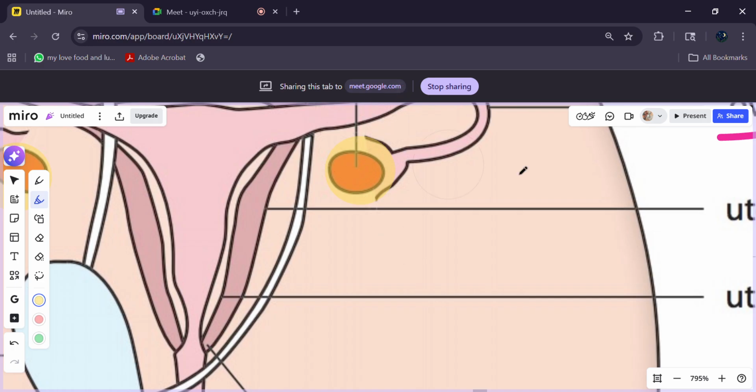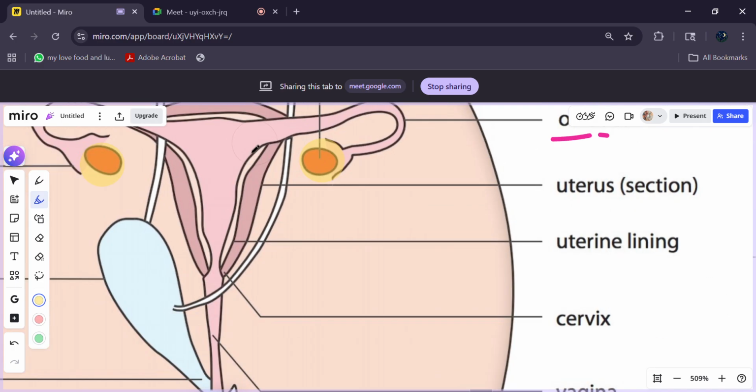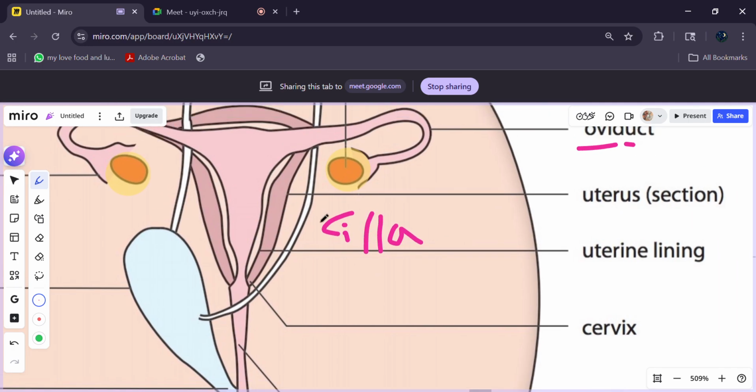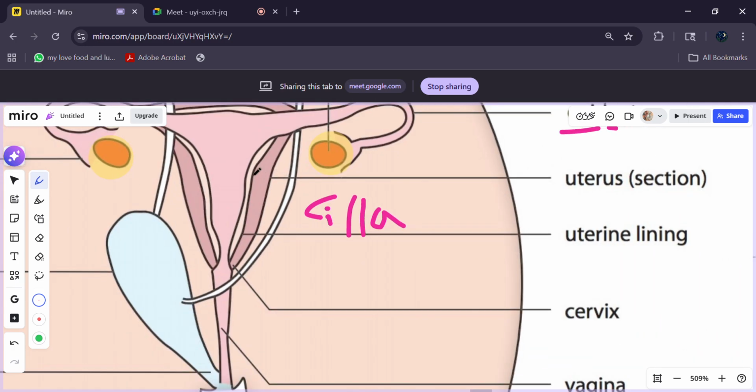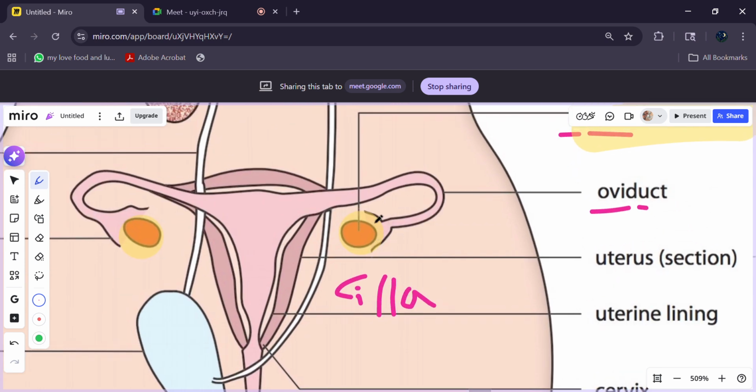The inner surface of the oviduct is lined with cilia. The action of the cilia helps move the egg along the oviduct. The egg is usually fertilized in the oviduct.